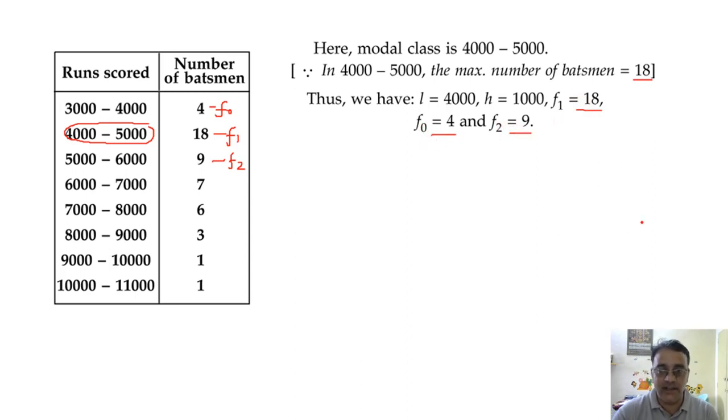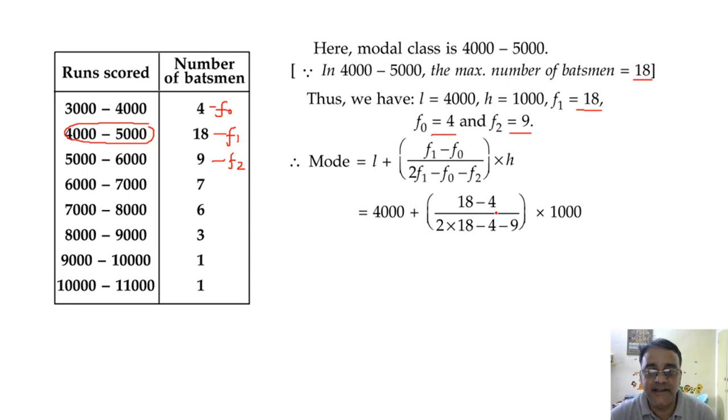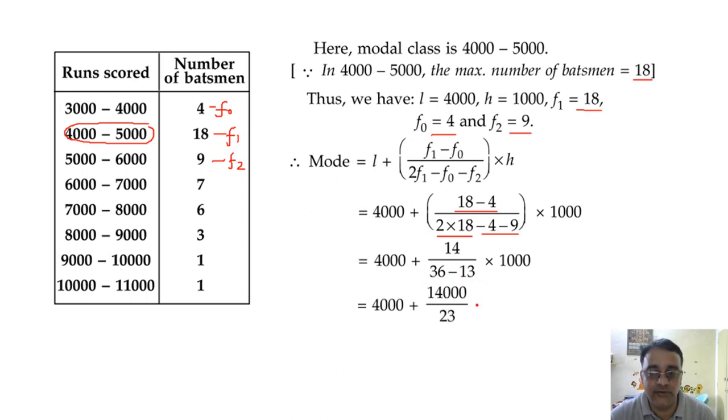After writing this, we have to write the formula. Now the formula is l plus (F1 minus F0) upon (2 F1 minus F0 minus F2) into h. Now substitute the values. 4000 plus (18 minus 4) upon (2 into 18 minus 4 minus 9) into 1000. So this will become 14 and this will be 36 minus 13, right? So 14 upon 23.